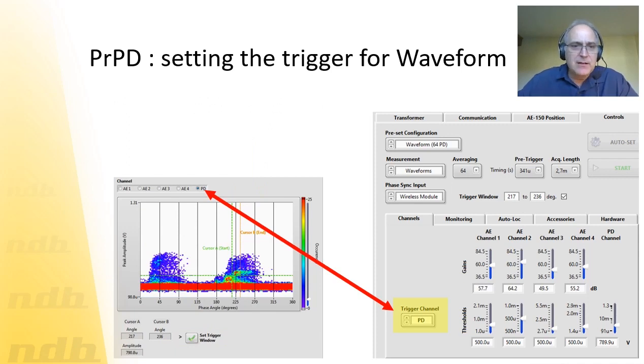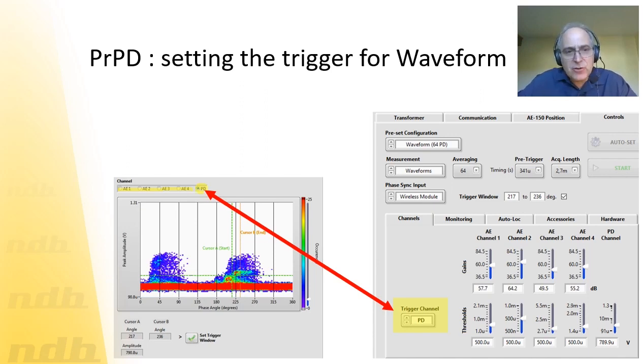And for sure, you are also selecting what channel. Are they acoustic, channel 4, 3, 2, and 1, or electric? This one is the electric, the HFCT or the antenna.